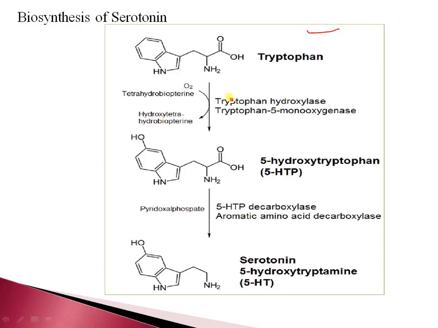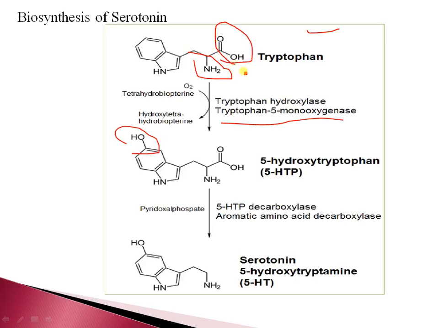In the presence of tryptophan hydroxylase, tryptophan 5-monooxygenase, this converts into 5-hydroxytryptophan. Tryptophan has an amino ethyl chain, and this one is the acidic functional group.